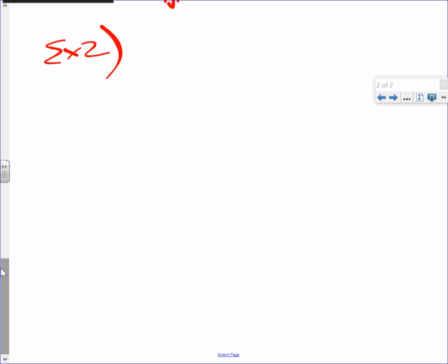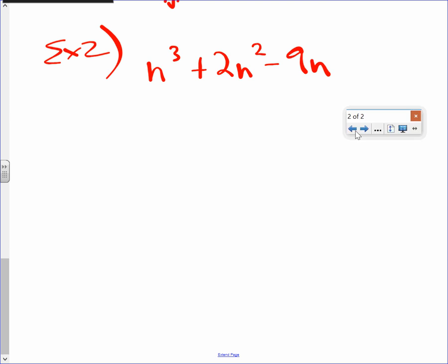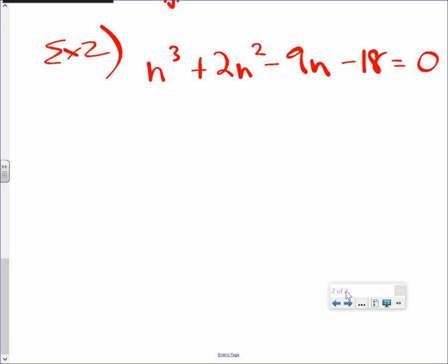Here we go. N cubed plus 2n squared minus 9n minus 18 equals 0.